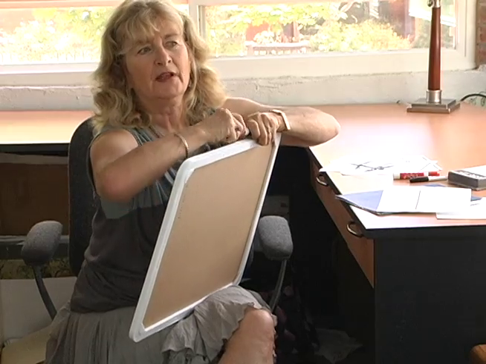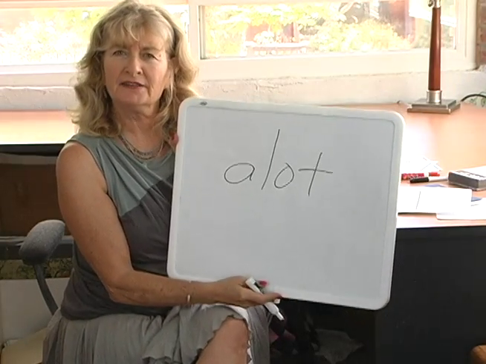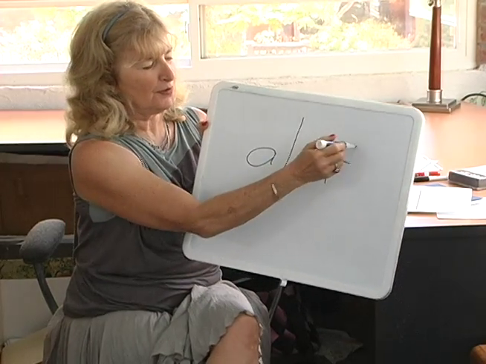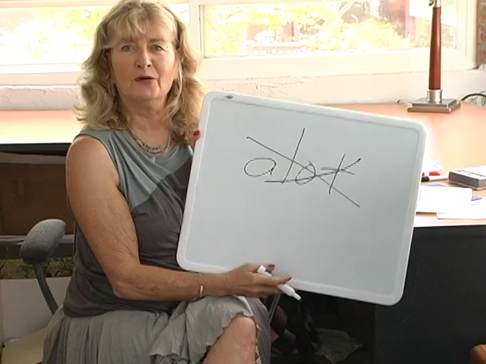Okay, so we'll start with the first error, and it's an error that students make a lot. They spell the phrase a lot as one word. Okay, there is no such word as A-L-O-T.